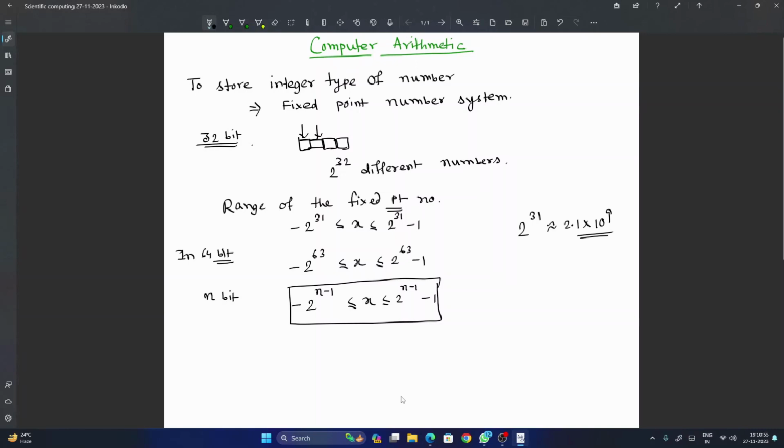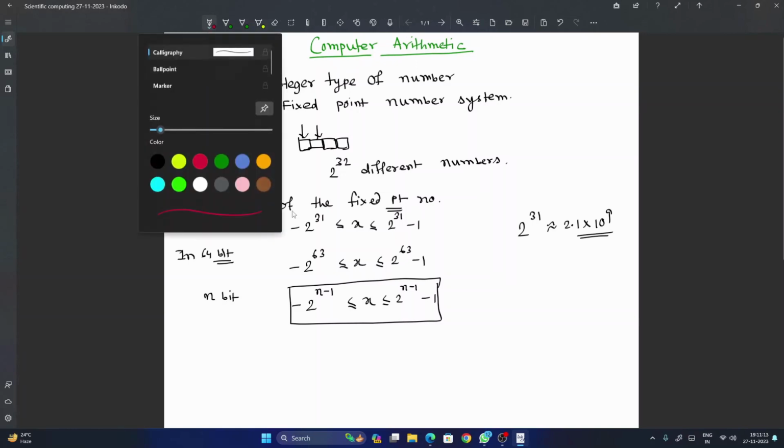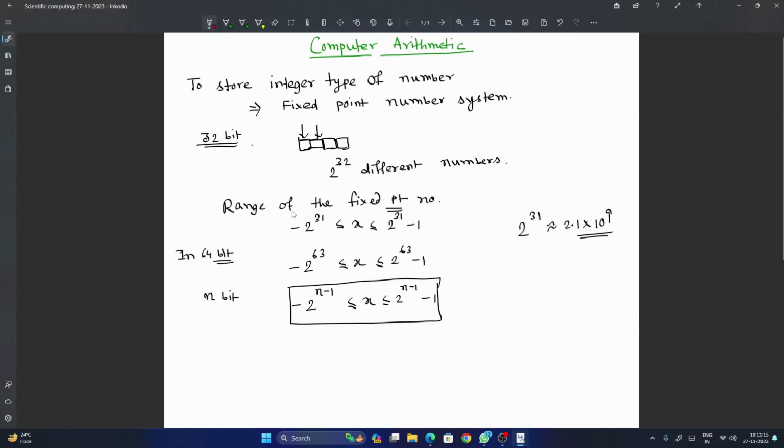If you want a larger number, you can't use a 32-bit machine. You can bring a 64-bit machine or more, but it is also not sufficient. That's why we need a different type of number system which can hold real numbers.